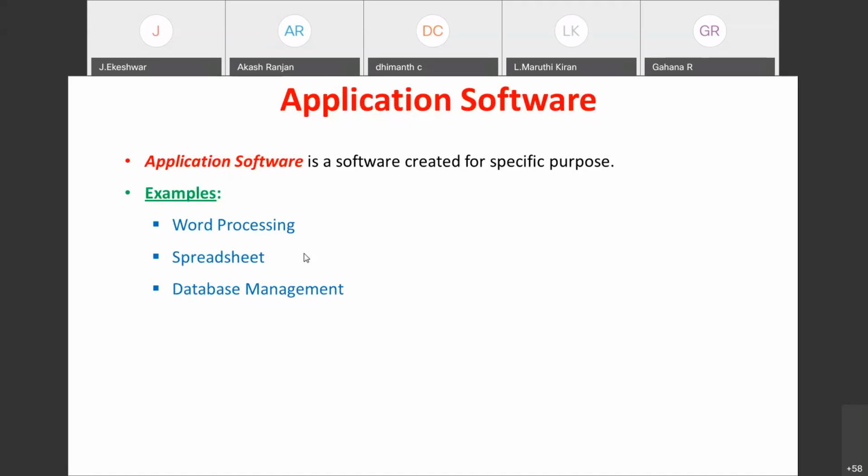Database management softwares: you have Oracle, SQL, Microsoft Access, etc. Then graphics and presentation softwares like Microsoft Paint, Microsoft PowerPoint for making presentations, CorelDraw, Adobe Photoshop, etc. And web browser softwares like Internet Explorer, Google Chrome, Mozilla Firefox, etc. So these are all application softwares created for a specific purpose.